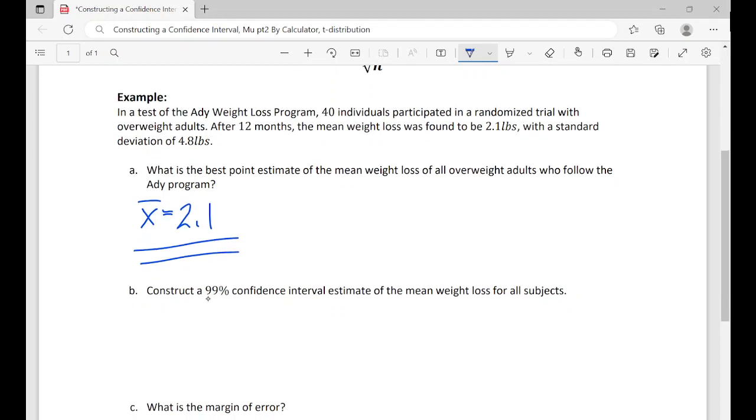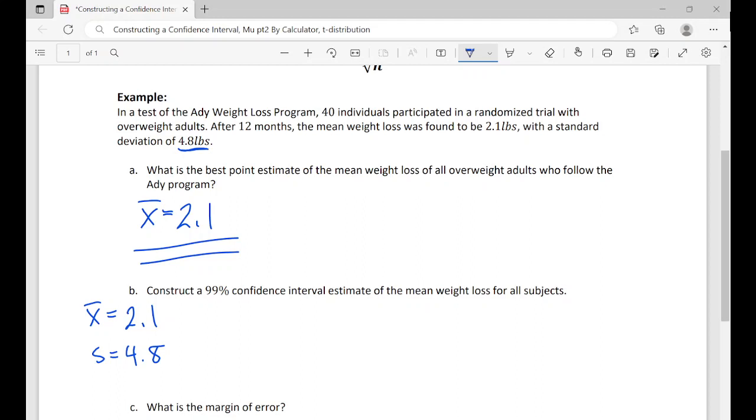Next, we're going to construct a 99% confidence interval to estimate the mean weight loss for all subjects. So to find the confidence interval using the calculator, we need to know a couple things. First, we need to know what x bar is, which from the previous one we already know, 2.1. We need to know what S is, the sample standard deviation, and we can see from the question up here that it is 4.8.